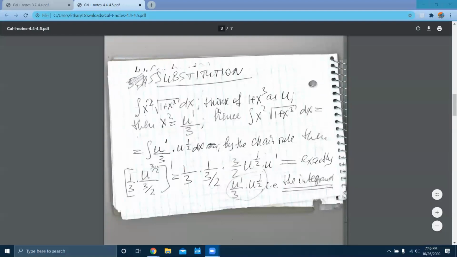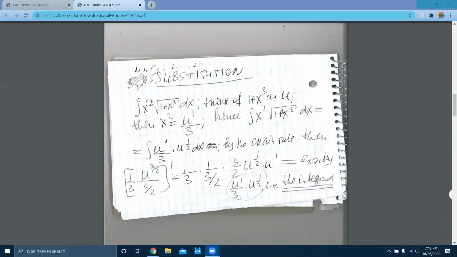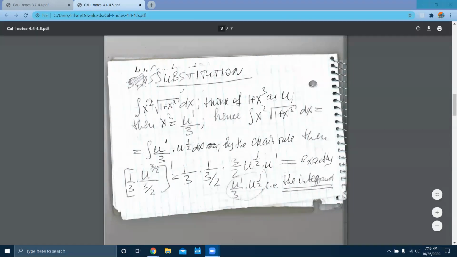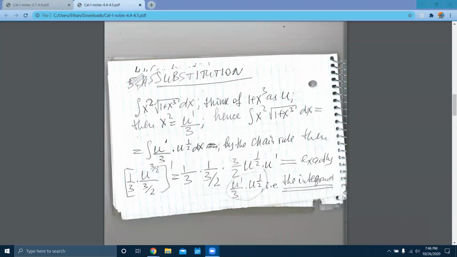So moving on down. Substitution. Okay, u-sub. U-sub is an excellent tool. I'm in Cal 3 and I'm still using u-sub. So basically what u-substitution is, you have a function that looks like this, just like he did.